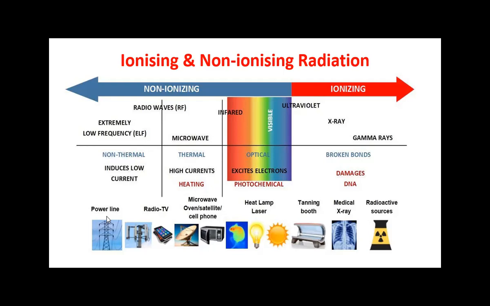Examples are power lines, that is distribution and transmission systems, radio, TV, electronic gadgets and mobiles we use on a daily basis, microwave ovens, satellite phones, heat lamps, lasers, and scanning booth facilities. We also use X-rays for testing some diseases in the medical field.